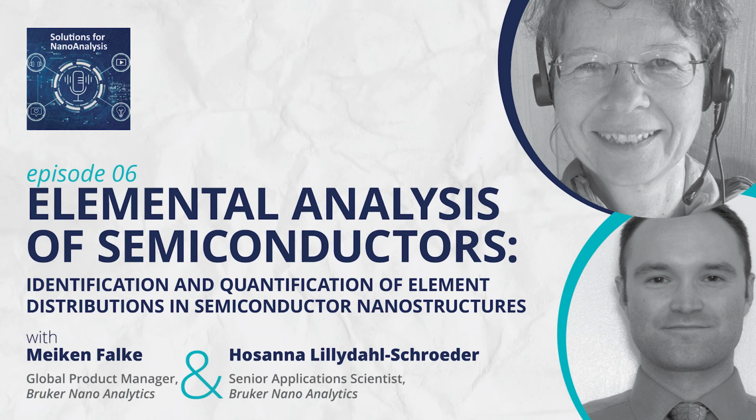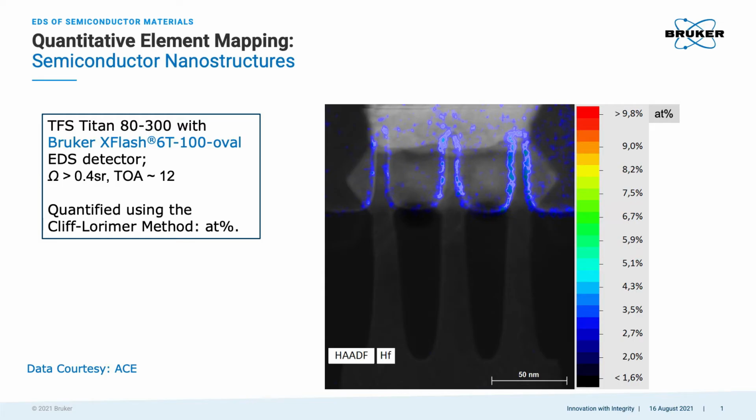But actually, looking at the data, and we have published quite a few in our webinars, which are sitting on the website, it is well possible to deconvolute hafnium, tungsten and silicon overlaps and get very clearly the whereabouts of each of these elements. And also copper and tungsten overlaps can be well deconvoluted in EDS. It's not just that they sit on top of each other and you can't do it. No, it's really possible. The one option which we have implemented is the so-called online deconvolution.